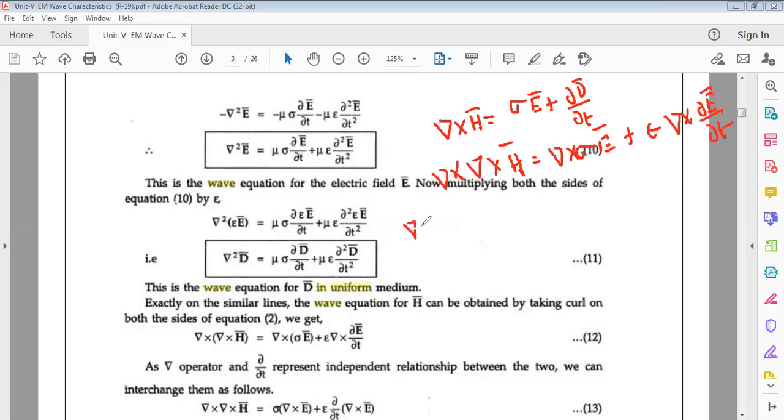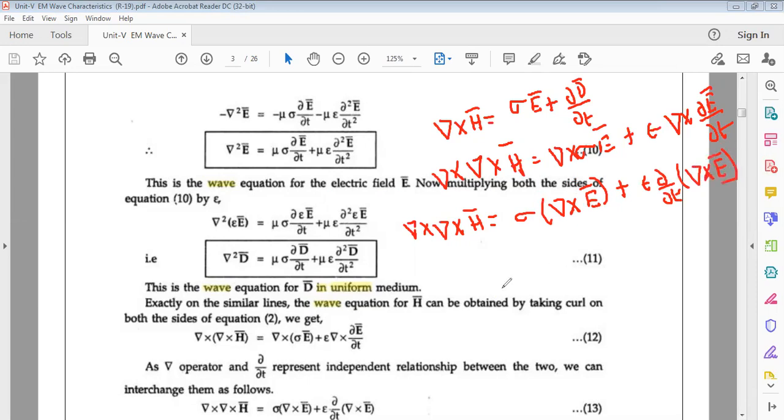Modify the right hand side equation. Del cross H bar is equal to sigma, a constant, goes outside, the del cross E bar, plus here also the epsilon dou by dou T of del cross E bar.